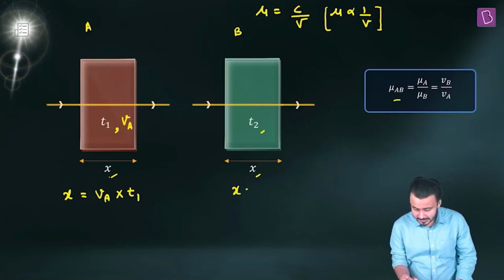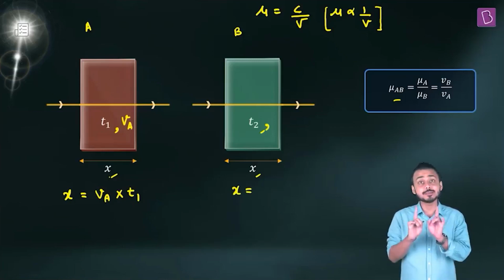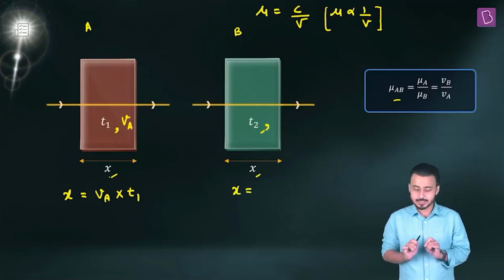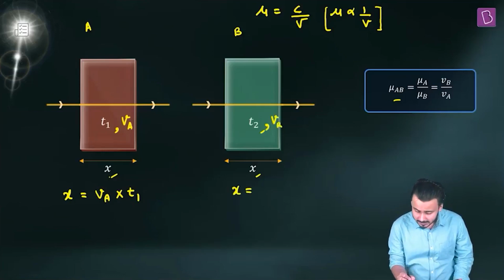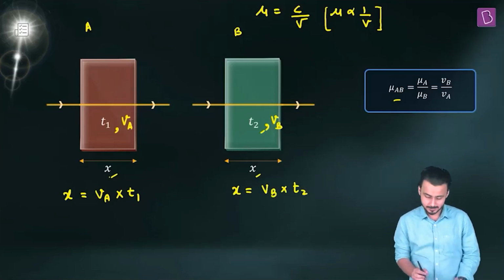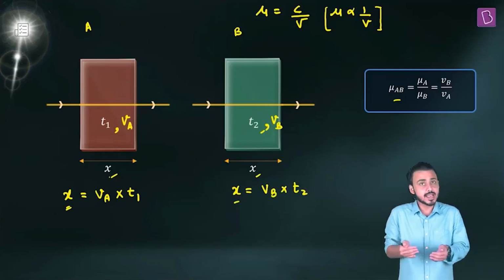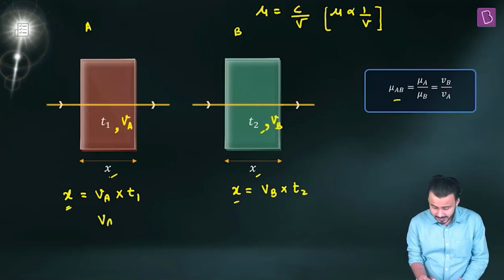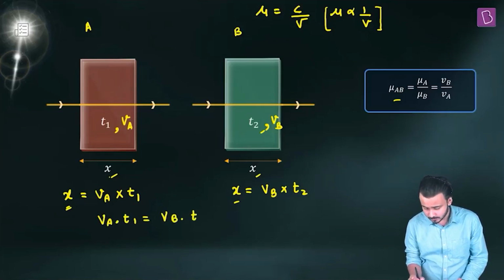What about this? X is equal to, here t2 seconds is being taken, but the speed in medium B is VB. Correct? So x is equal to VB into t2. When you put them equal, x on both sides is the same, right? So what I can say is VA into t1 is equal to VB into t2.